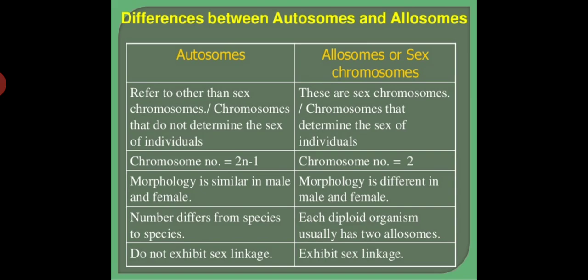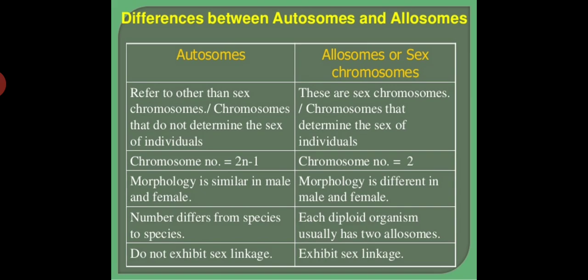Let us go through some differences between autosomes and allosomes. Autosomes are the chromosomes other than sex chromosomes, and they do not determine the sex of individuals, whereas allosomes, or sex chromosomes, determine the sex of individuals.